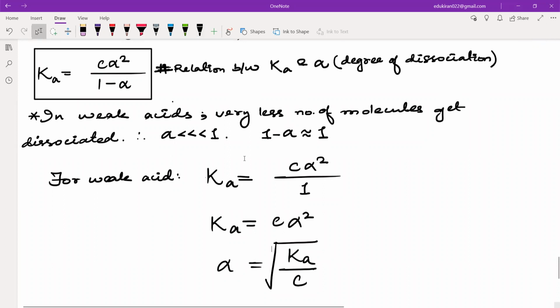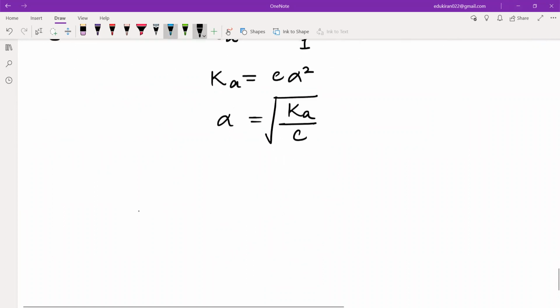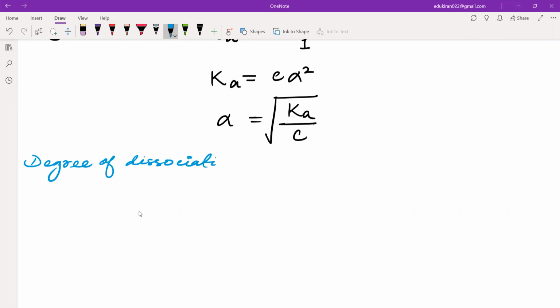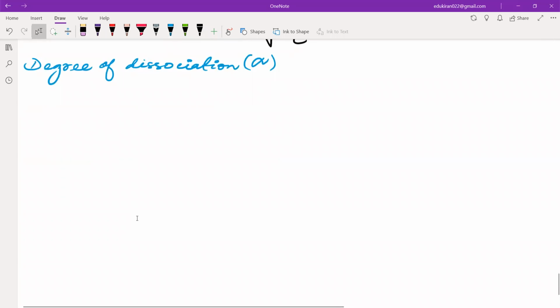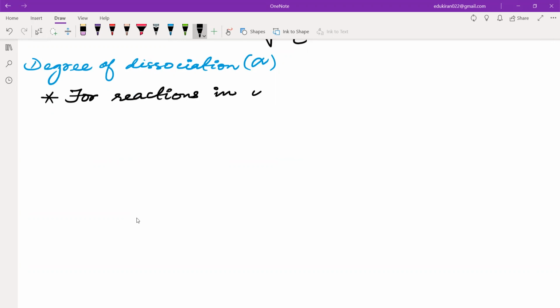Now let us write what is the degree of dissociation alpha. For reactions in which 1 mole, okay, 1 mole does not mean the initial concentration.